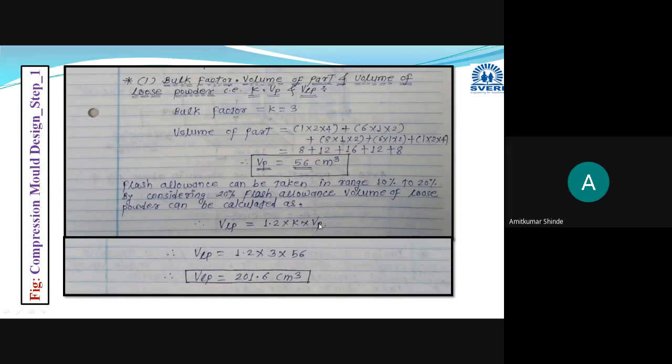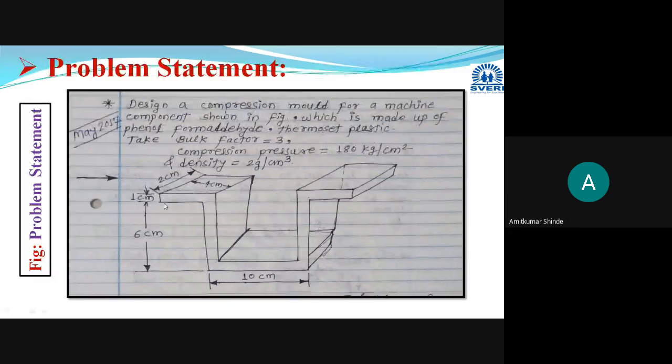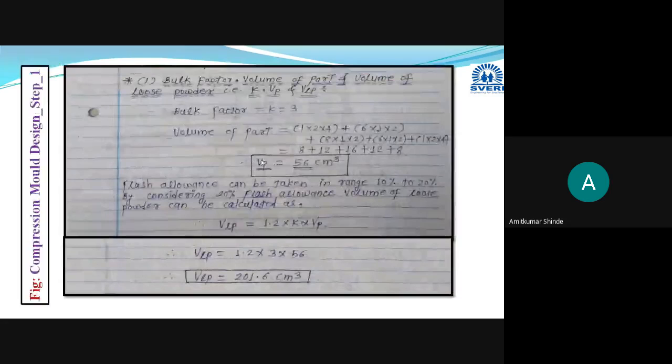To calculate VP, this total volume is considered: this portion, this portion, and this portion. As it is rectangular in shape, you take length into width into height for each rectangular section, and it comes to 56 centimeter cube.